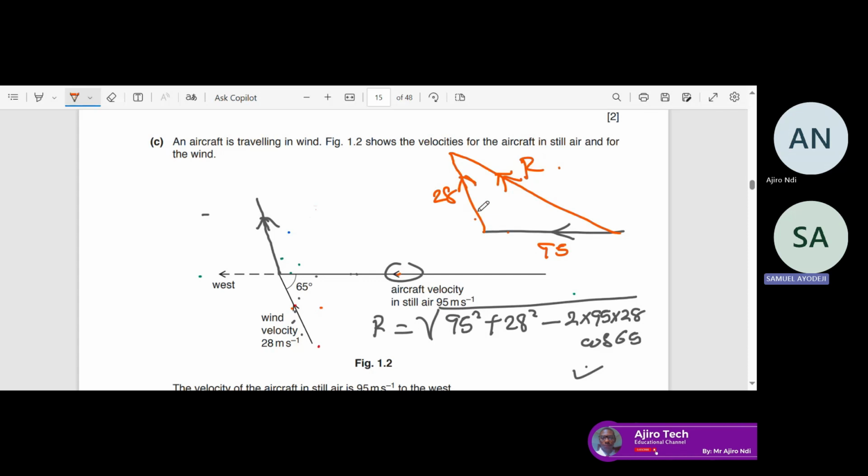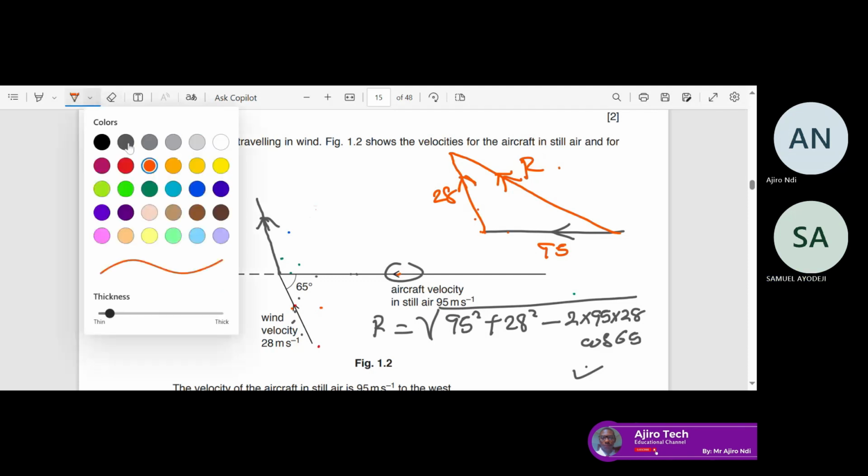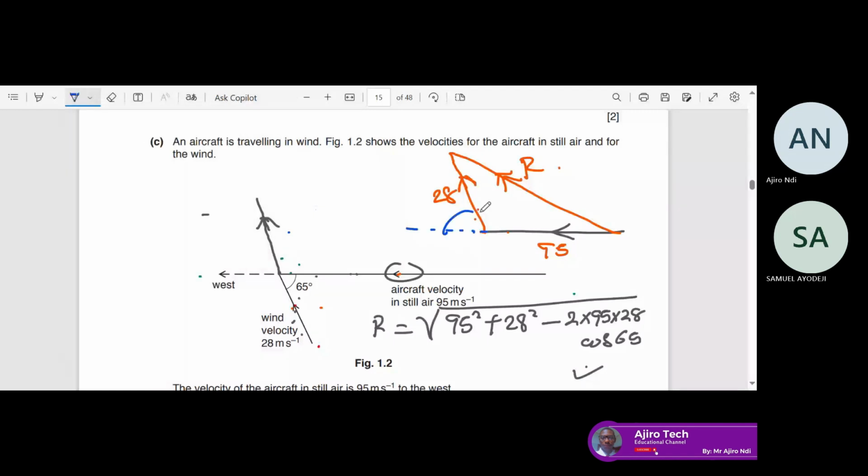Oh yeah, it's even wrong. This is going to be 65. So apply it from 180: 180 minus 65 is 115.